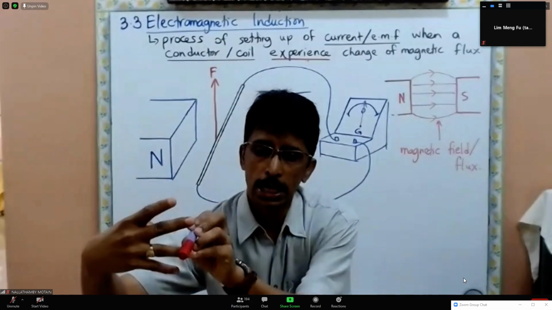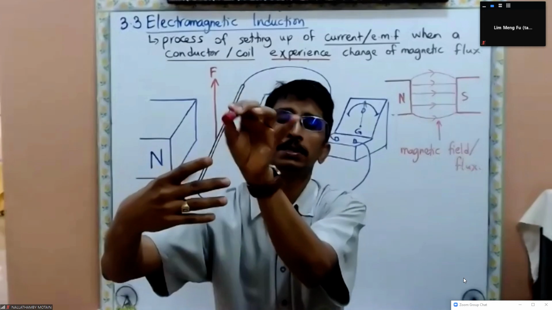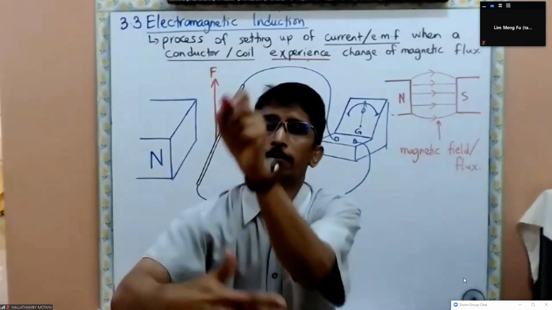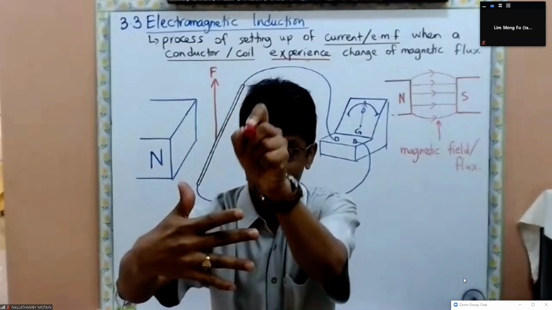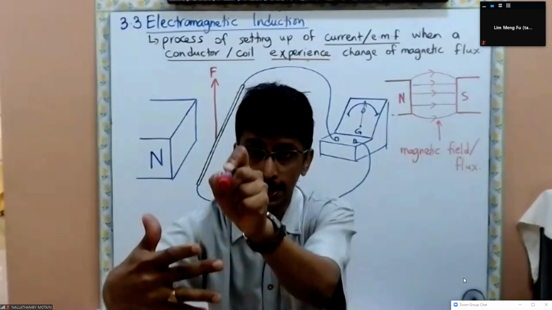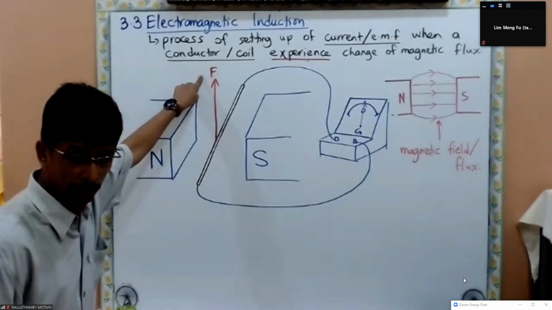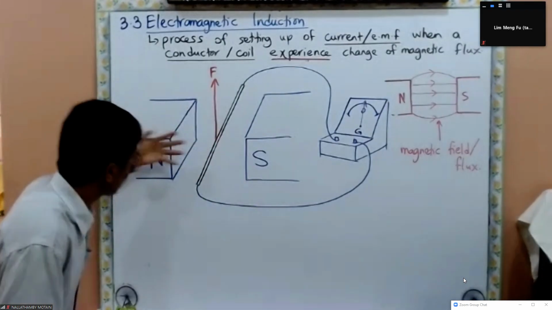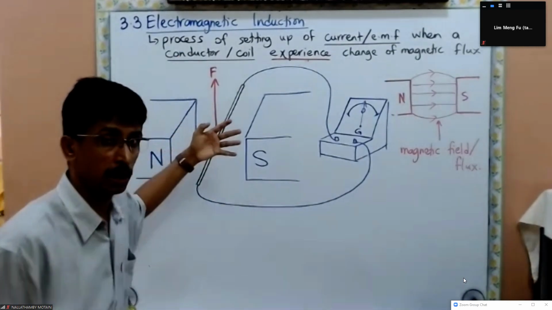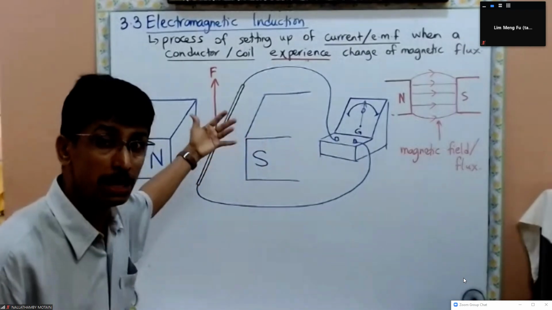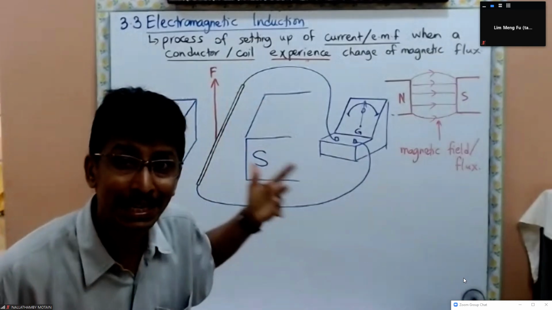When the conductor is moved upward, is it cutting magnetic flux? Yes, it is cutting the magnetic flux. Once the conductor is moving in the direction of the force given, it will cut the magnetic flux. We can't see the magnetic field, but it experiences change of magnetic flux.